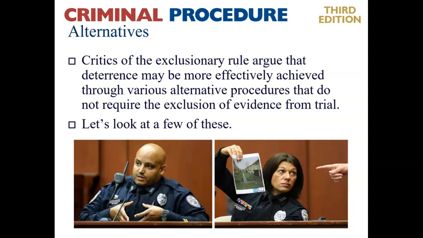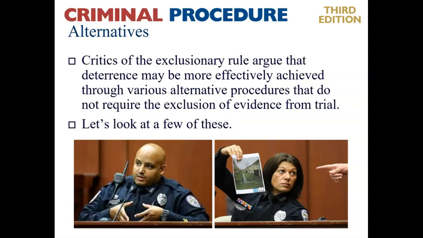Now, what would be some alternatives then? So critics of the exclusionary rule argue that deterrence may be more effectively achieved through some alternative procedures that do not require the exclusion of the evidence from trial. So that's kind of interesting.